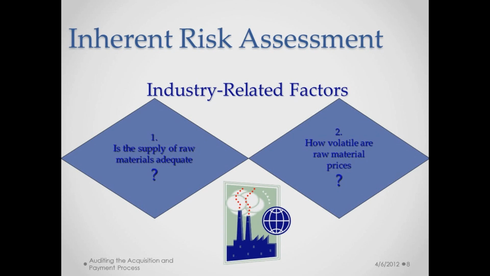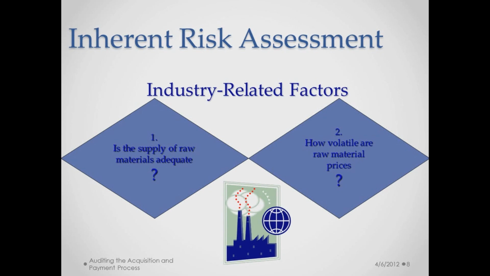So if I can't get a critical raw material in my manufacturing process, it slows me down. I can't complete production or produce at the level that I need to meet the needs of my customers. And if I can't meet demand, I lose business. It impacts my sales.